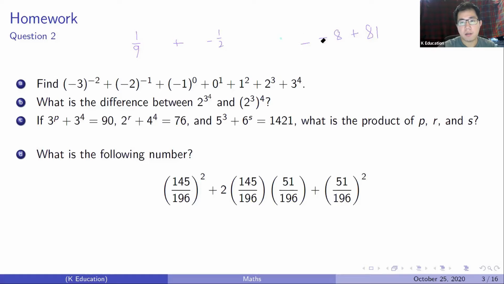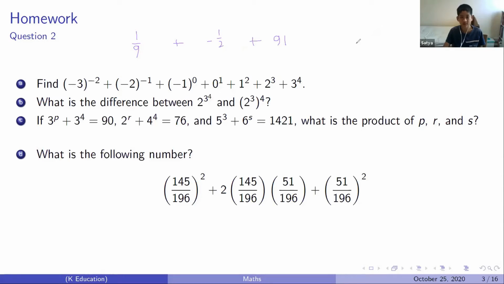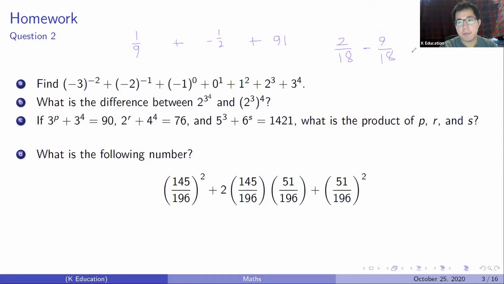Okay, and then we have to do the fractions. How would you add the fractions? Oh, could you just have a common denominator? 18. Yeah, so what does 1 over 9 turn into? 2 over 18 and 9 over -18. Minus 9 over 18. Yeah. Okay.